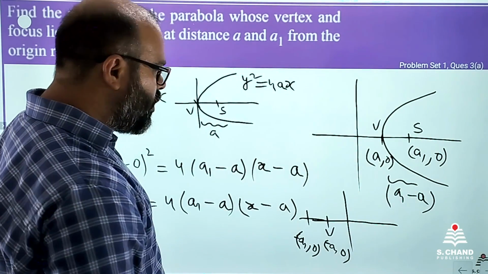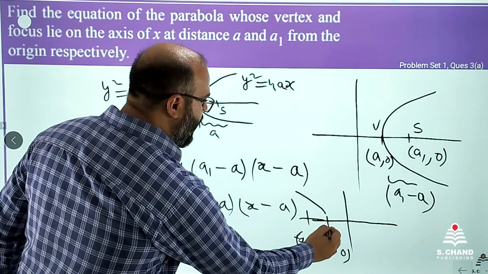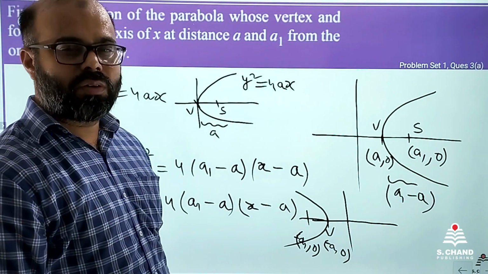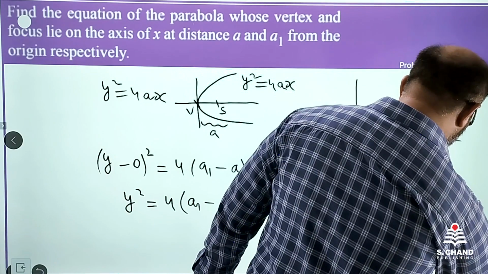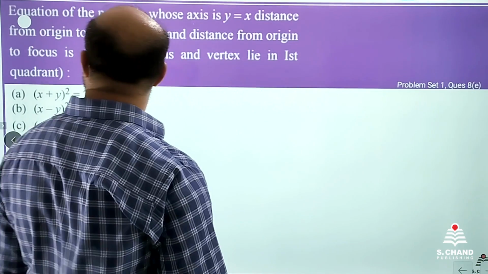Then also you can find a parabola, and it would be like this. You can do it on your own and find it out. Next question, let us move on.